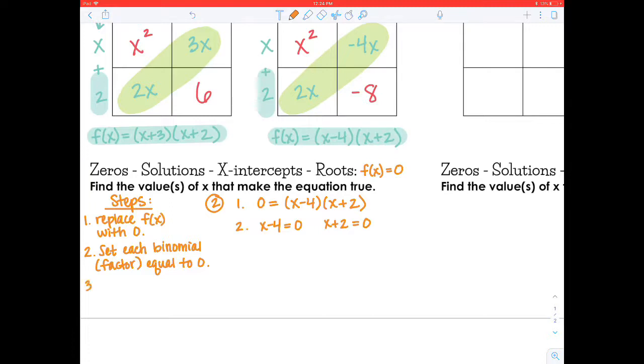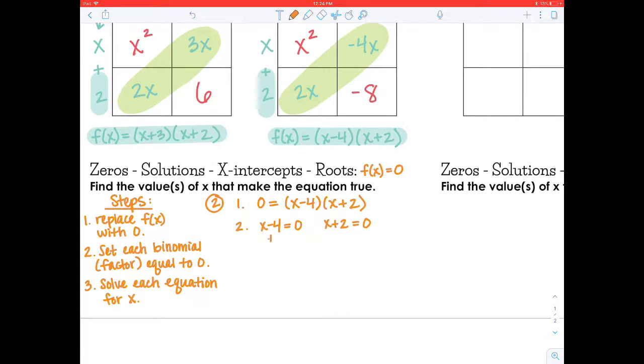Okay, and then step 3 is you solve each equation for x.